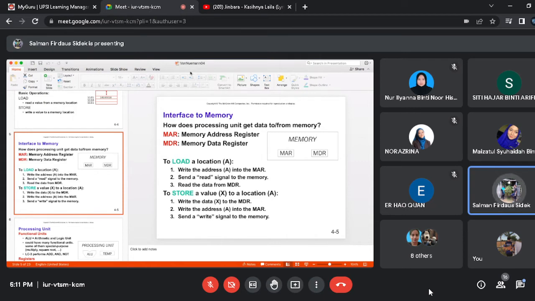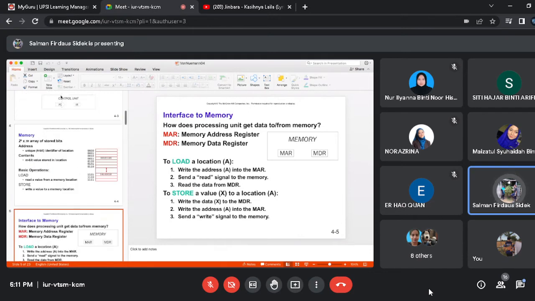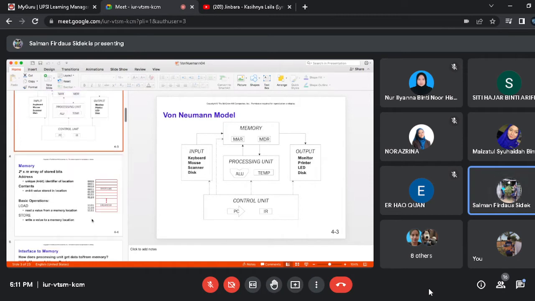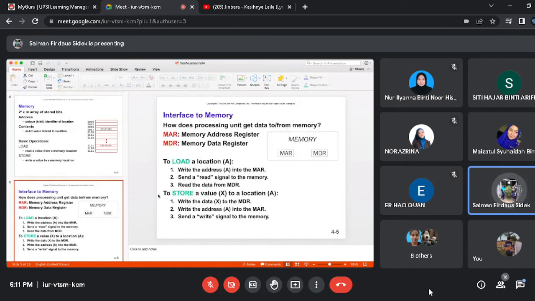So the control unit, if you see the model on the second slide just now, will write the address of A into the MAR, and then the control unit will send a read signal to memory.